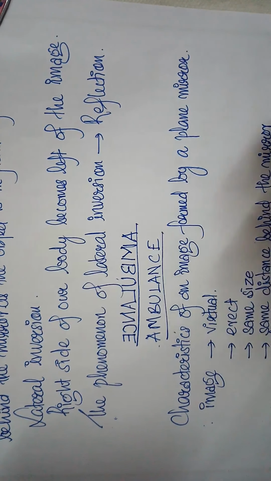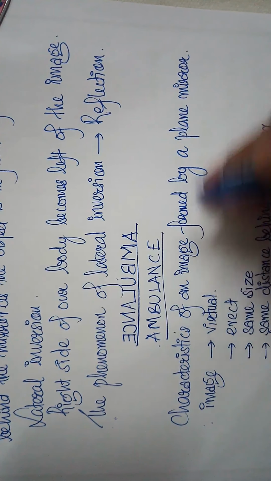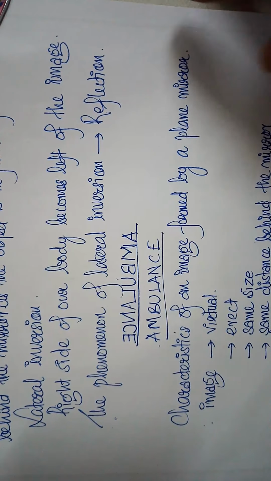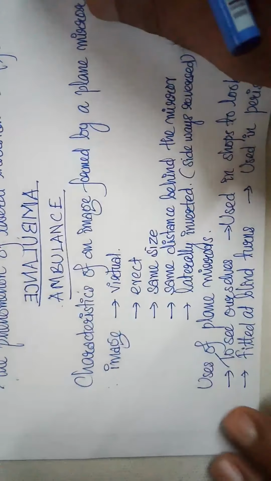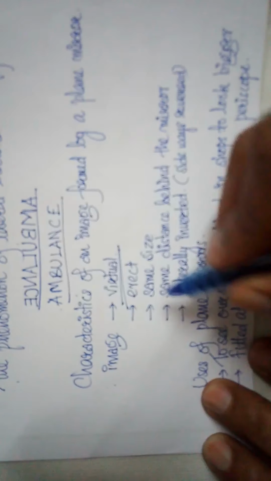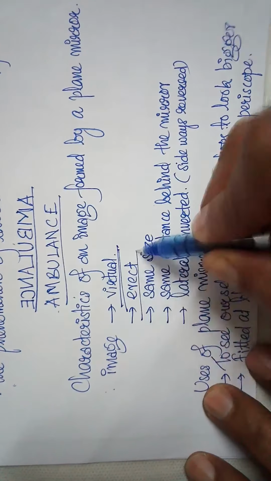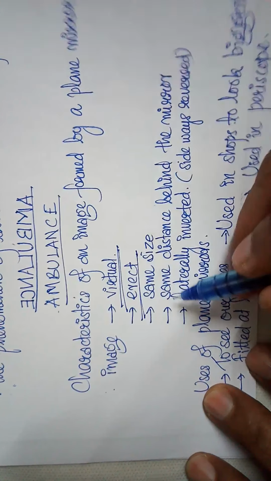We are now in a position to give all the characteristics of the image formed by the plane mirror like this. The image formed by the plane mirror is virtual. The image formed by a plane mirror is an erect one.